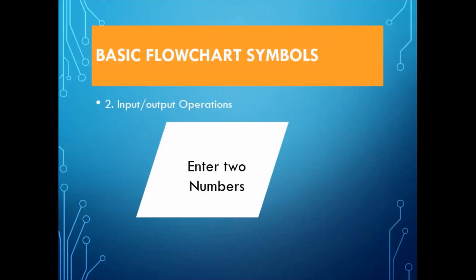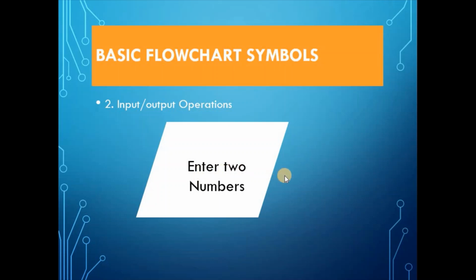Now, the second symbol is referred to as our input operation or output operation. Our input/output operation refers to the information that we will enter once we start to solve the problem, or where the output is concerned, it is the result of whatever it is that we want to find. For this example, the input operation was to enter two numbers.